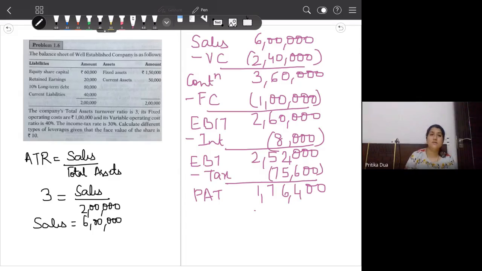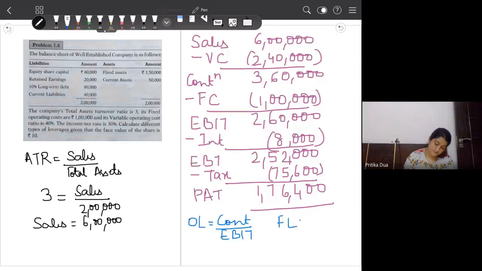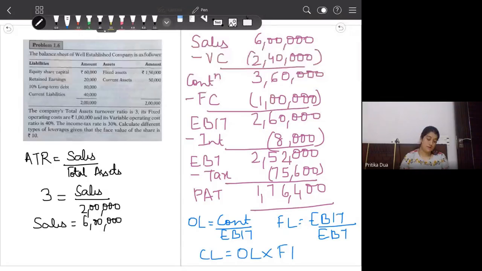Okay, now you can just put in the values in the leverage formula, and just give the answers and also check the answers.